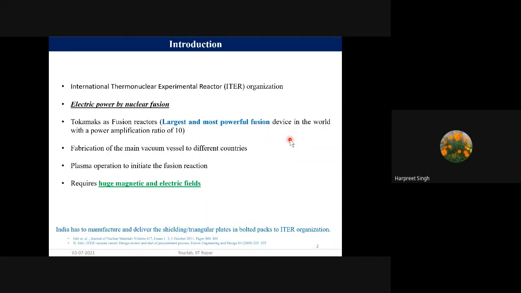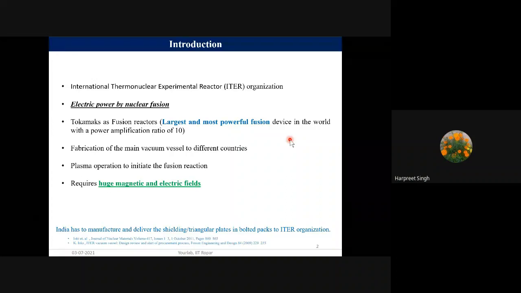Now this is a big task actually. A lot of countries are participating in it, and they are fabricating different components of this main vacuum vessel as well as the whole system. India is also contributing to that, and we are working on this vacuum vessel, especially its triangular plates.